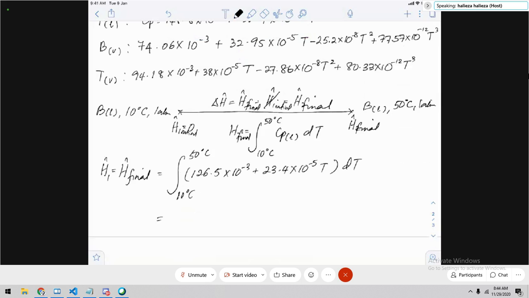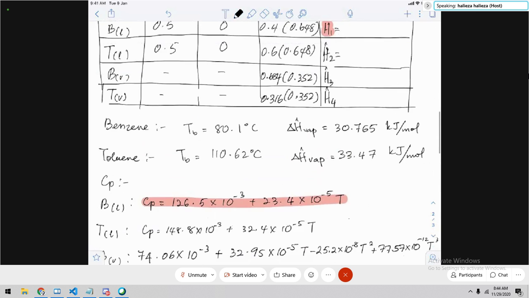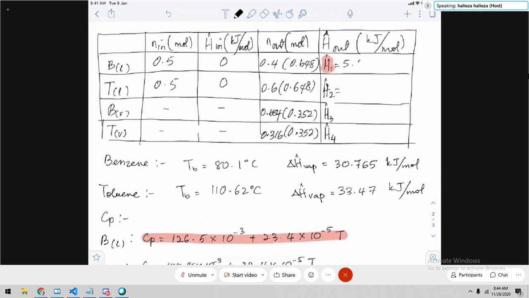Somebody please try to get the value for me. I get 5.34. I will write it to 4 decimal places. This is what I got. Same, thank you. So we will write that down in our table, 5.3408. That's the value.